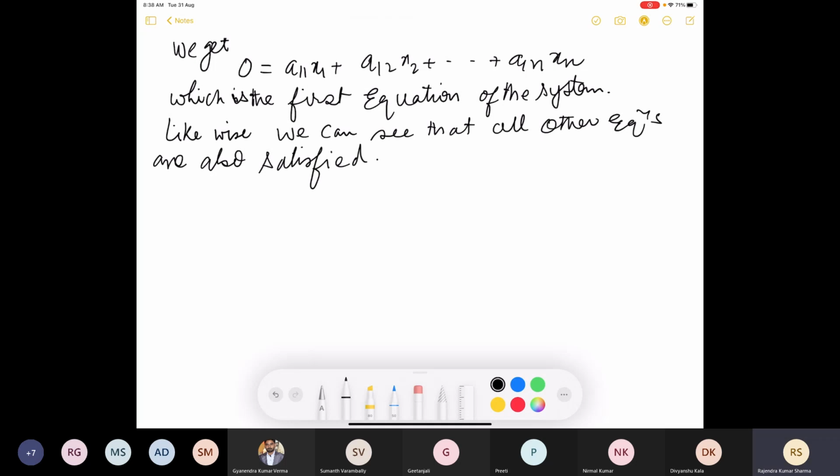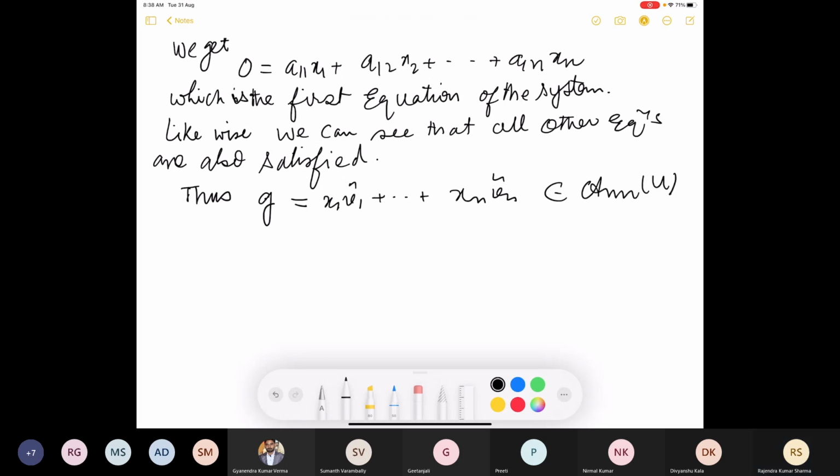So we started with the G in the annihilator of U. Thus, if G of the form x1 v1 hat plus up to xn vn hat is in the annihilator of U, then we have a solution.